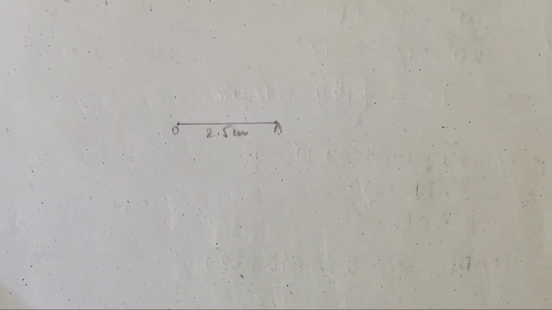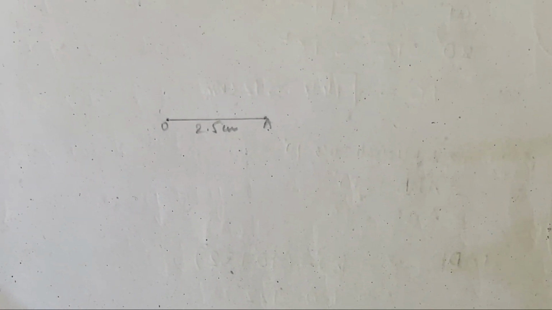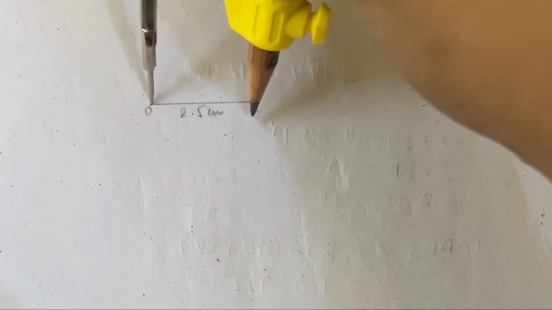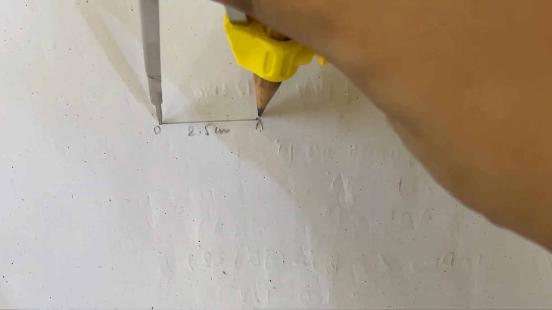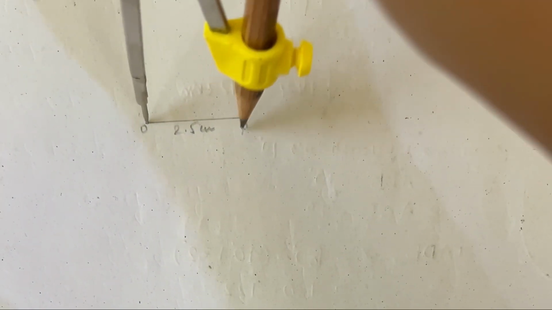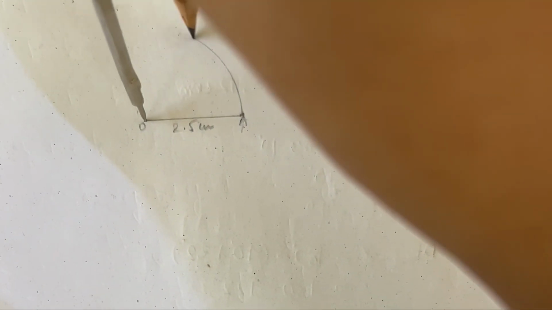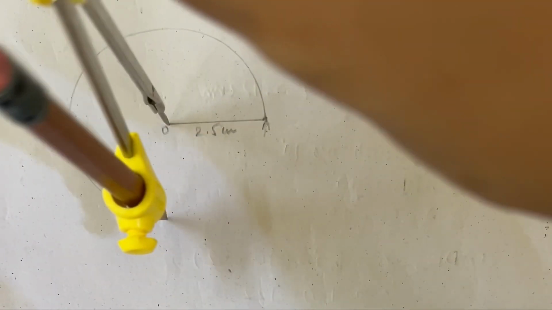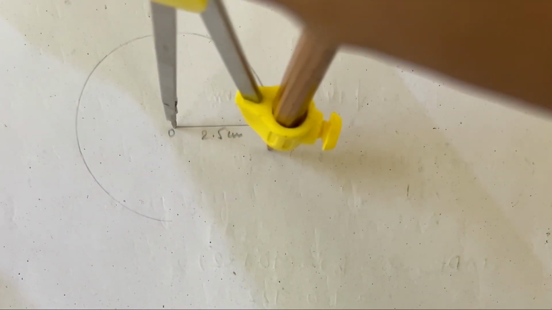I have already made a line with 2.5 centimeter as the measurement, and placing our compass with the exact measurement, we draw a circle this way.